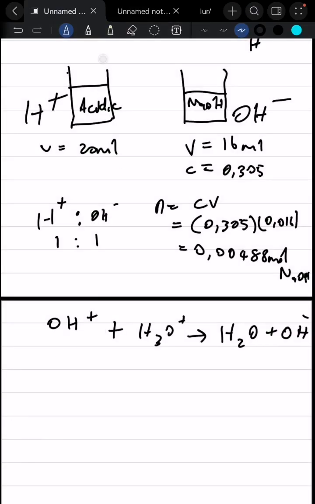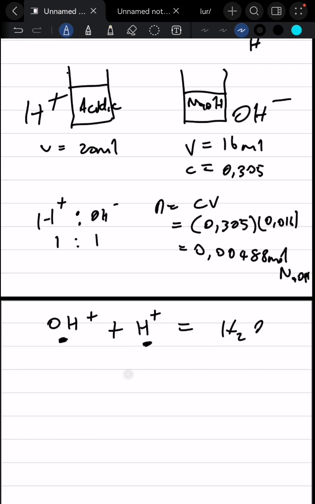Even if we do it this way, I will not complicate it unnecessarily. Here I need to show it's completely neutralized. Each hydronium ion paired up with each hydroxide ion, forming a complete water molecule, and nothing is going to be left out.